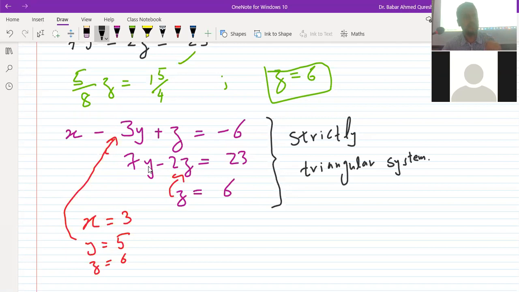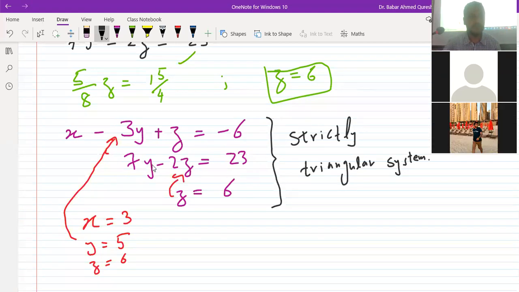And in the third one, the coefficients of both x and y are 0. They are not present in that equation, but the coefficient of the third variable must not be 0. And you keep going like that. In each next equation, you are eliminating more and more variables, but the next variable which is present must not be eliminated.